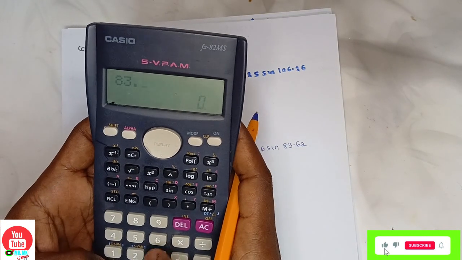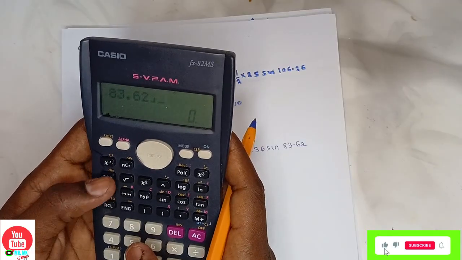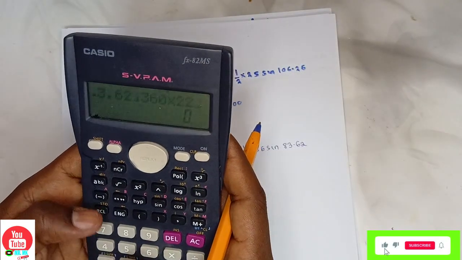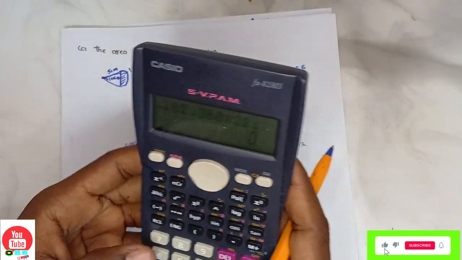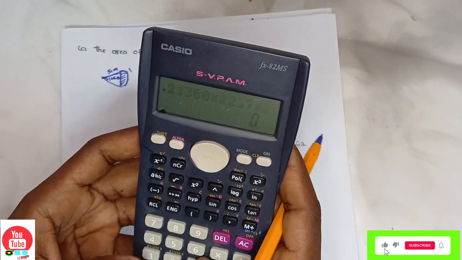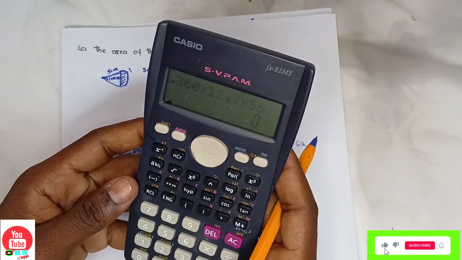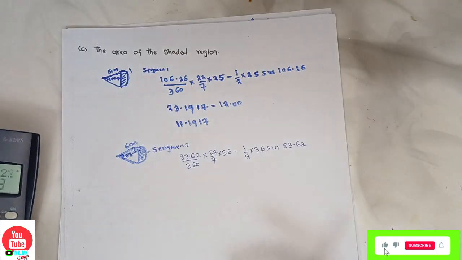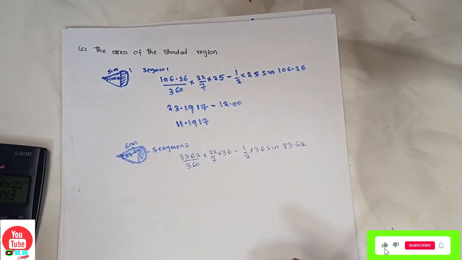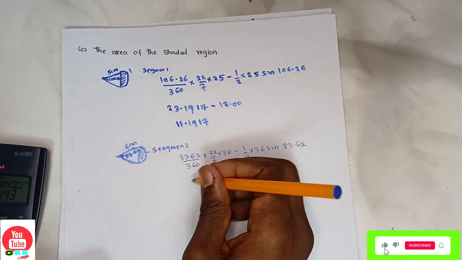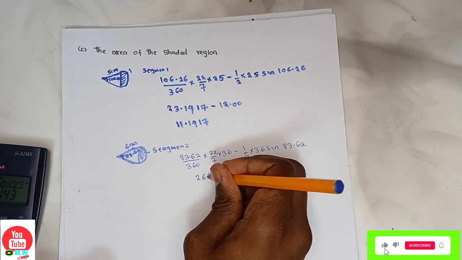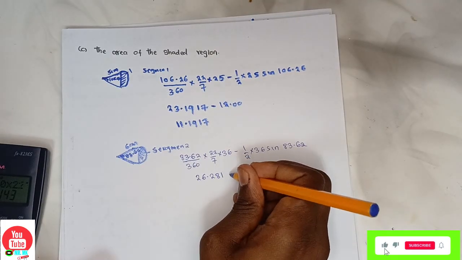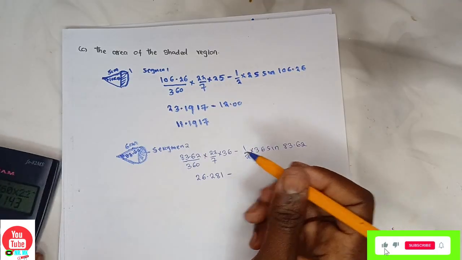We have 83.62 all over 360 times 22 over 7 times 36. That one will be 26.281. That will be 26.281 minus the area of a triangle.